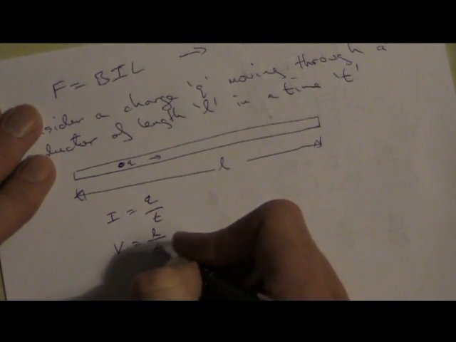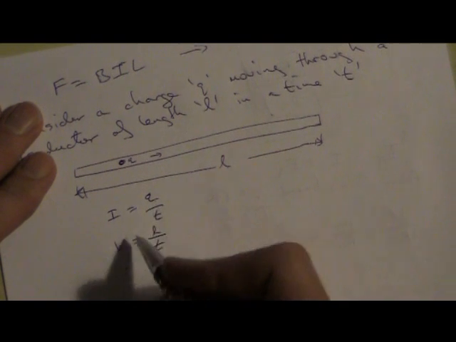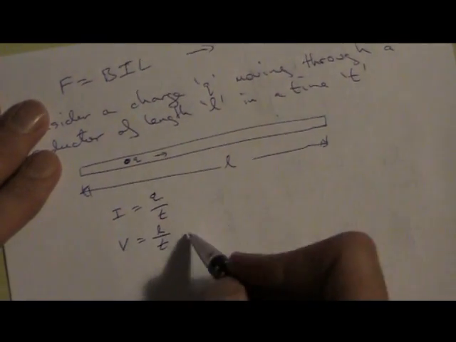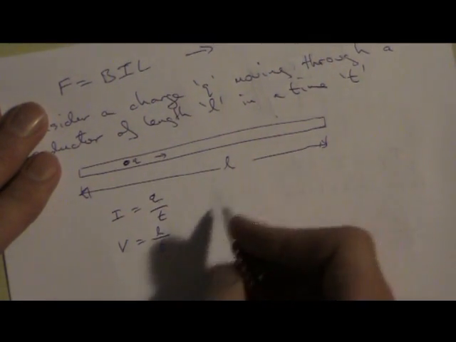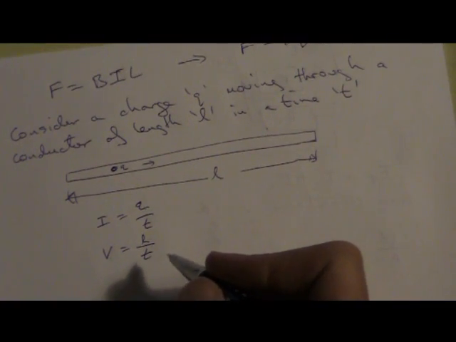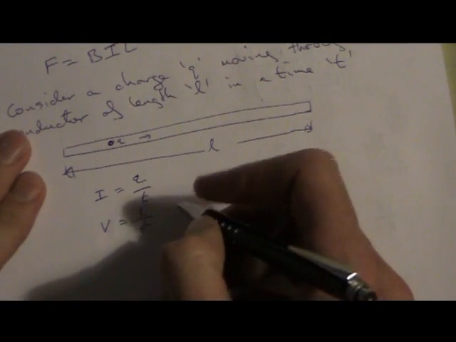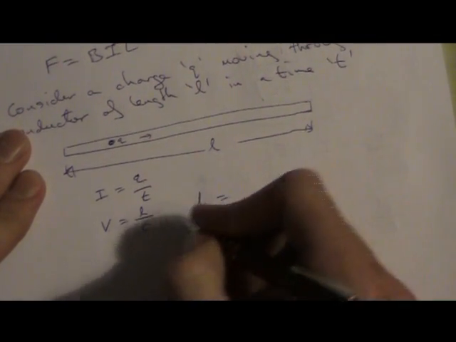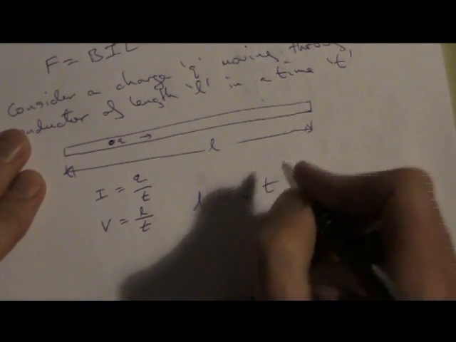In this case our displacement is L, the length of the conductor. Now I'm just going to bring the t across, so that gives me L equals V times t.